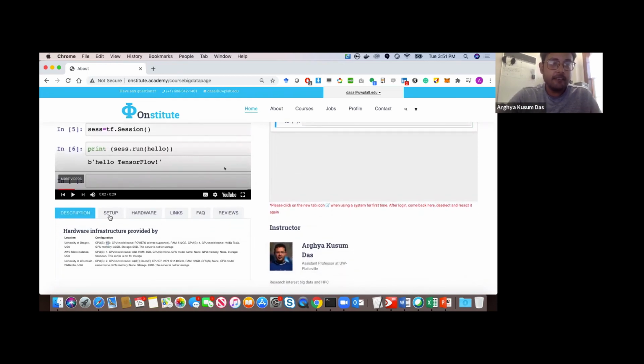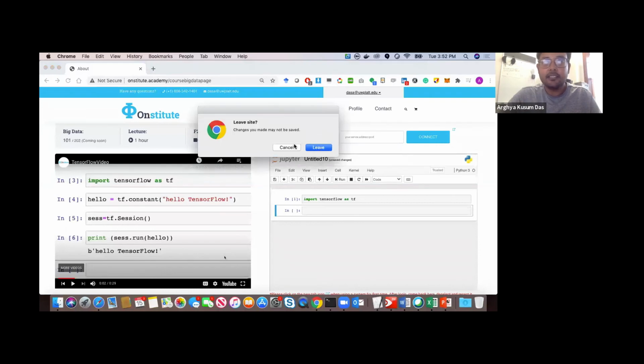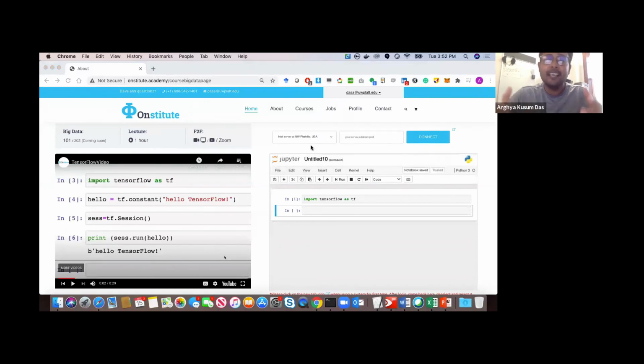If you click on this hardware button, you can see all the infrastructure. And not only that, sometimes in industry you have to do performance analysis for different data analytic tools and then select the best tool for the next project so that the customer is happy.